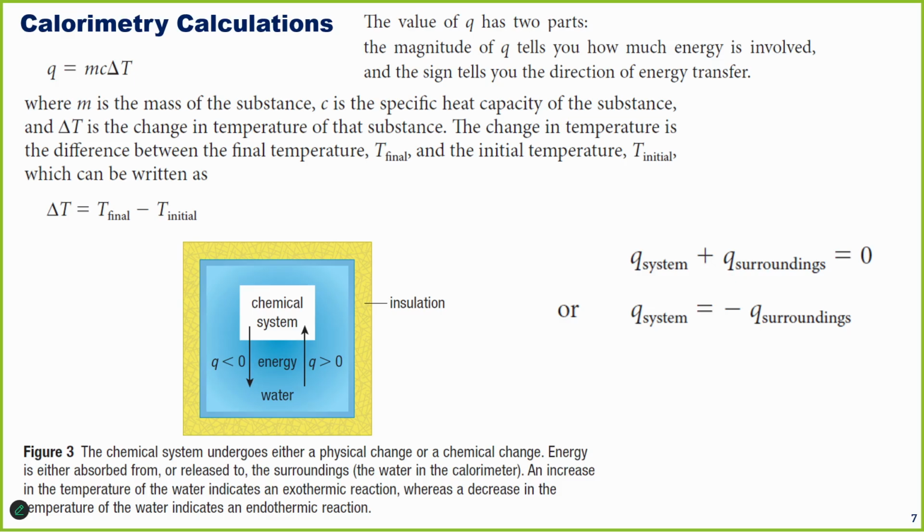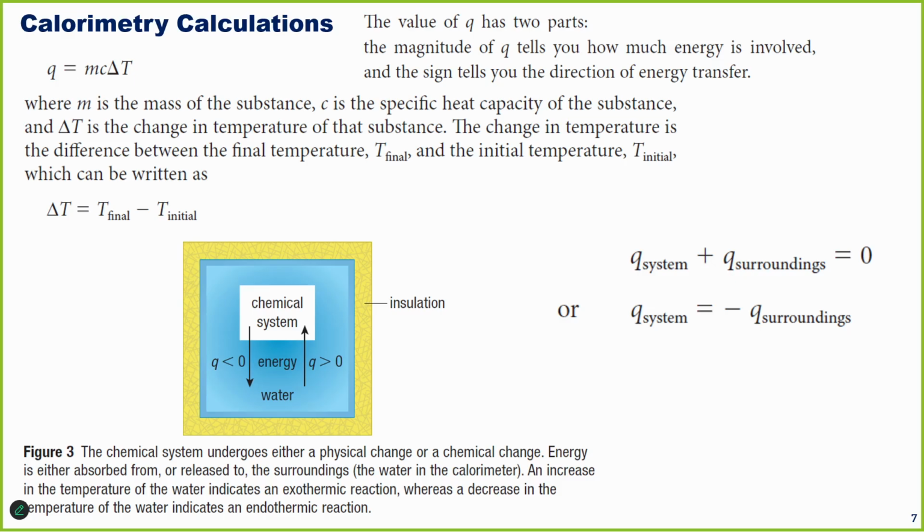And the value of q is calculated using the equation shown here on the top left. q equals mc delta T, where m is the mass of the substance, c is the specific heat capacity of the substance, and delta T is the change in temperature of that substance.